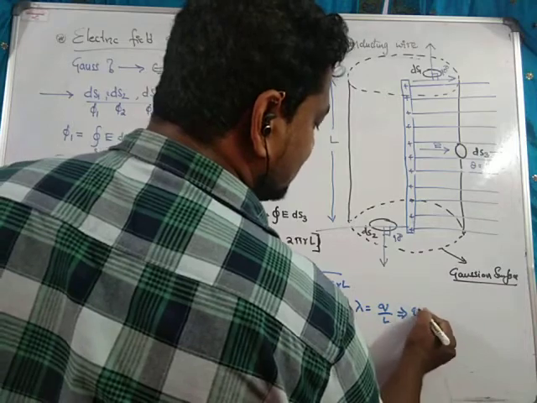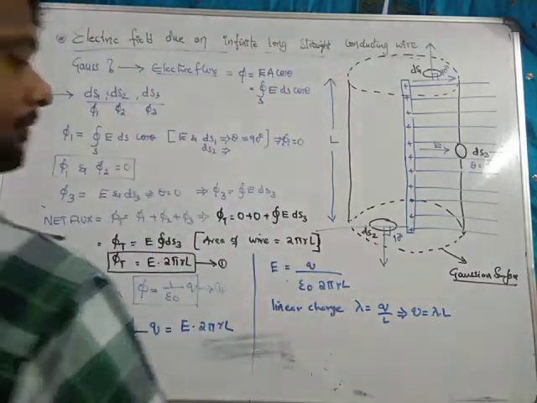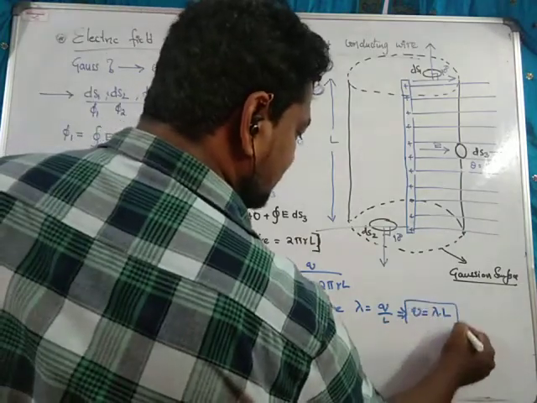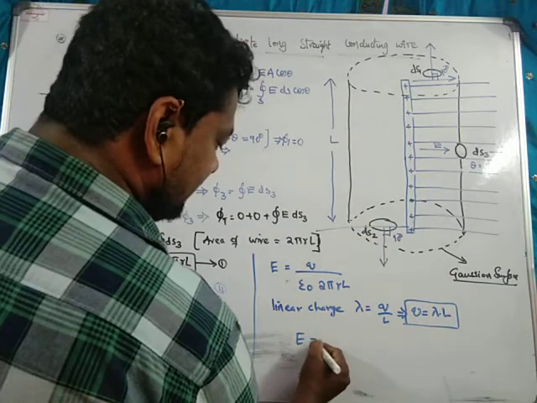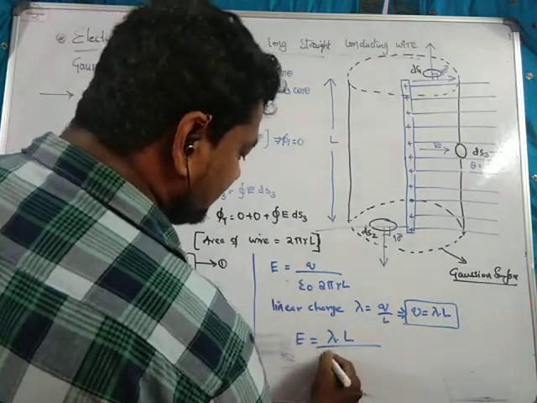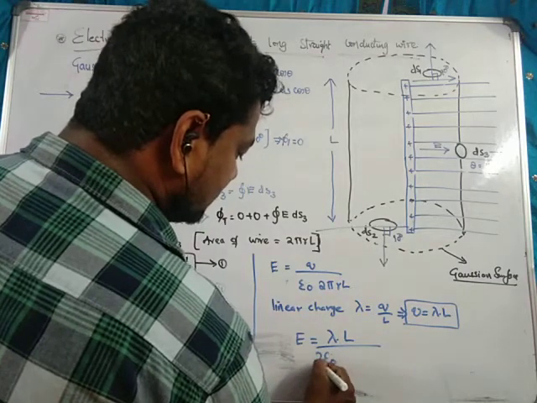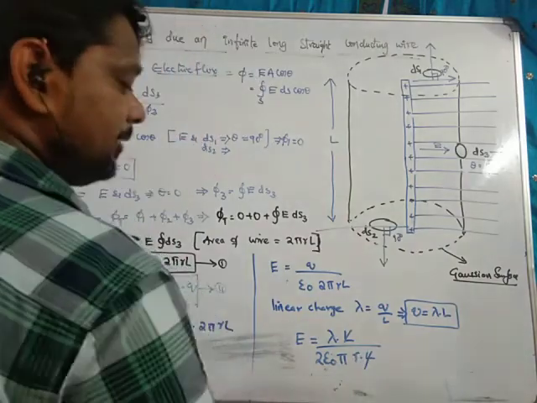And what will be the charge? Charge is equal to lambda into length. Substituting this value in the above expression, we get E is equal to lambda L by 2 epsilon naught π r L. So L will be cancelled.